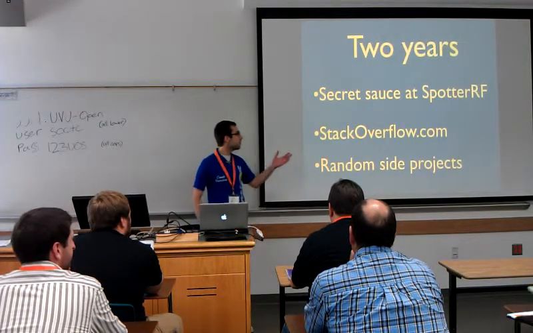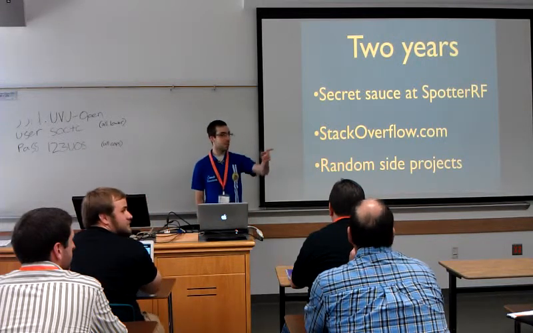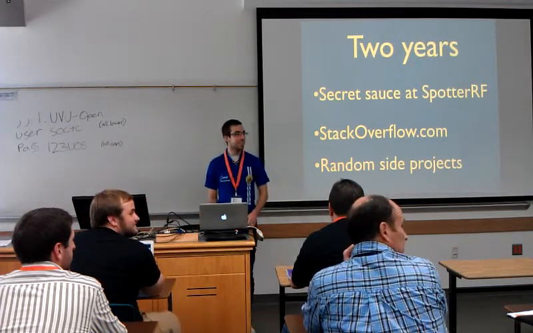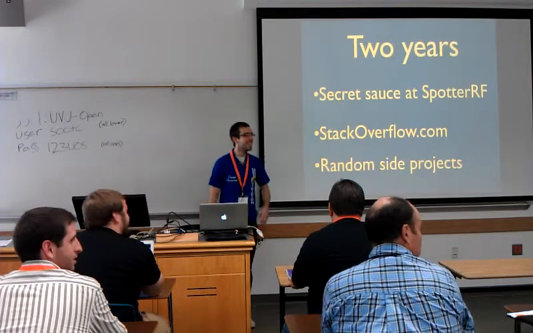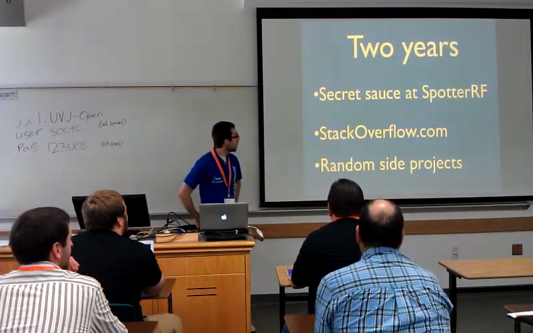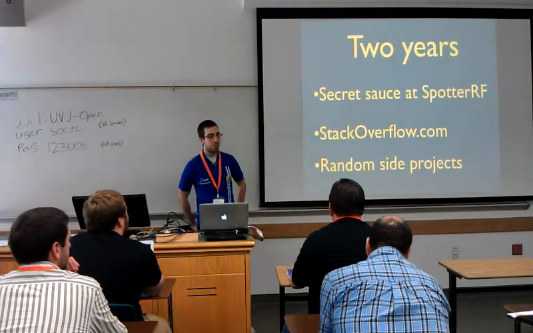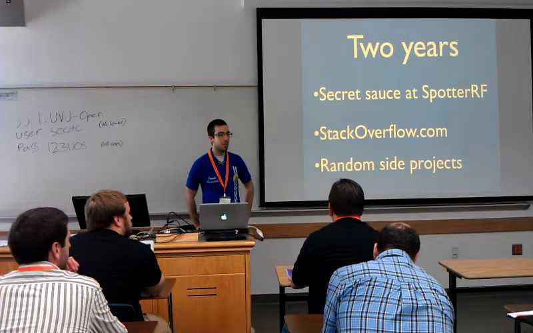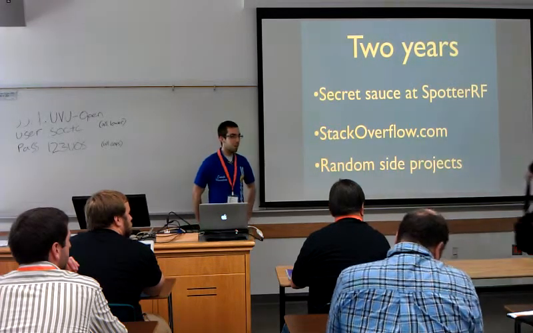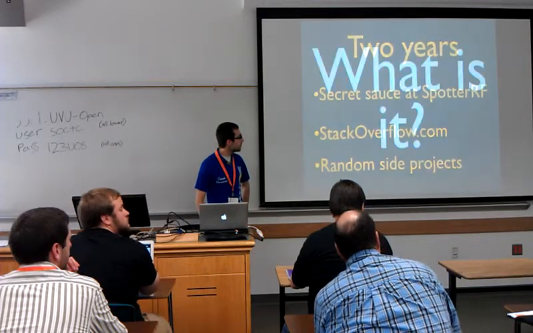I used to work at SpotRF. Jacob works there right now, so does AJ. Hola, hombre. We did some secret machine learning stuff that he would beat me up if I talked about. And I've also done a lot of machine learning stuff on StackOverflow.com, playing with it for personal projects. So that's my experience with it, a couple of years doing it.